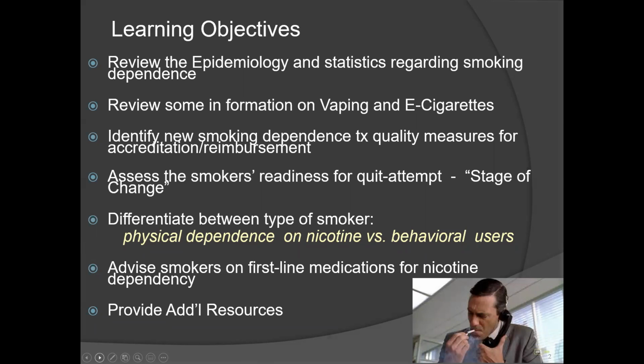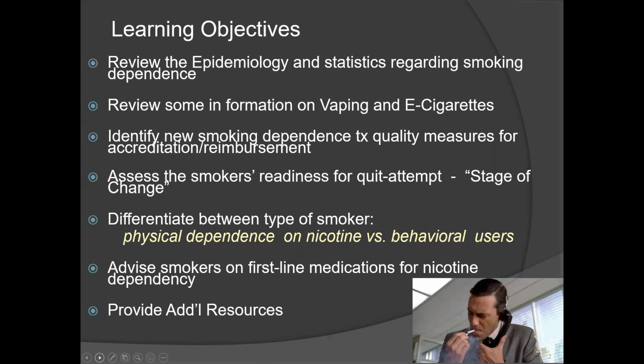Review some of the information on vaping and e-cigarettes, identify new smoking and nicotine dependence treatment quality measures, newer, they've been around for a little bit, for accreditation and reimbursement. Assess the smoker's readiness for a quit attempt, stage of change. Differentiate between the different types of smokers, whether it's a physical dependence primarily or a behavioral user.